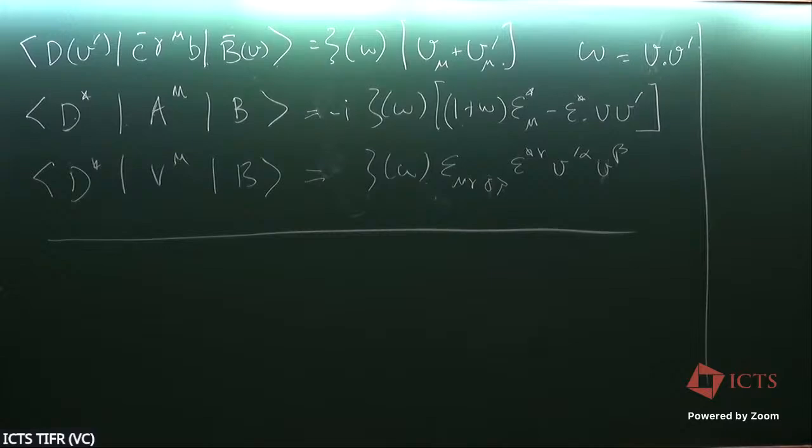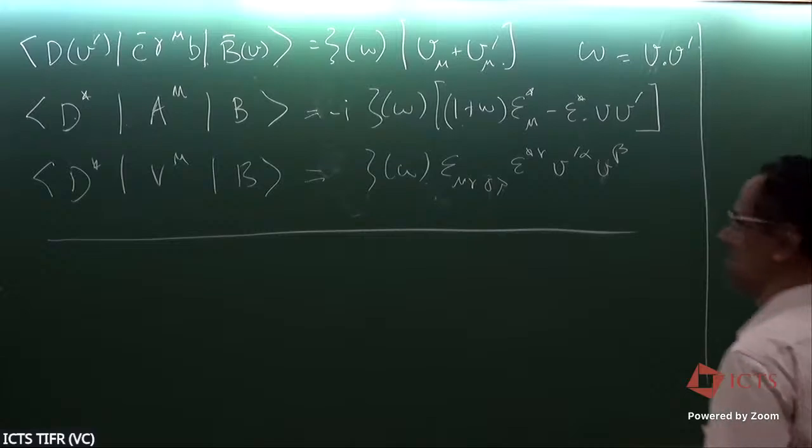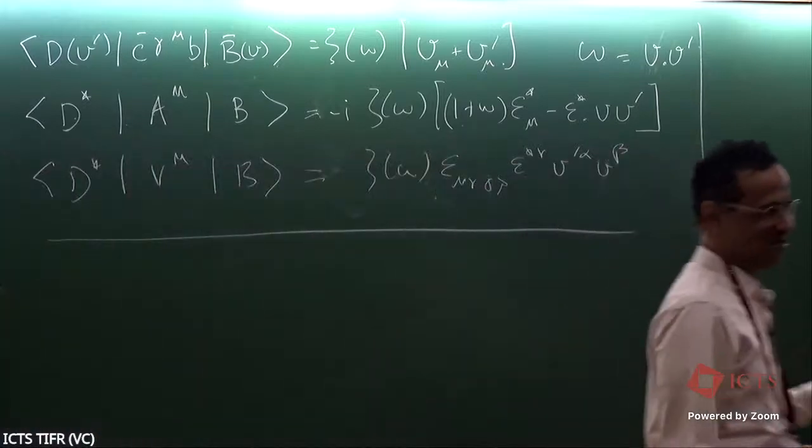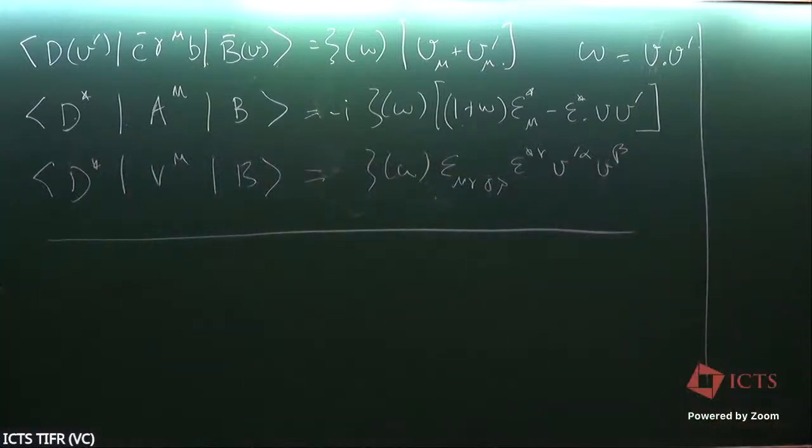So the use of HQET is kind of twofold. One is it allows us to simplify things by using the heavy quark symmetry. The second thing it does, it allows us to resum these large logs in a nice fashion. So let's look at how that works out.